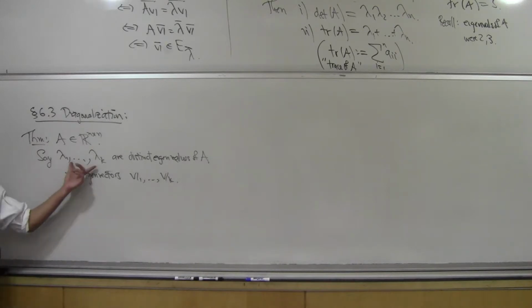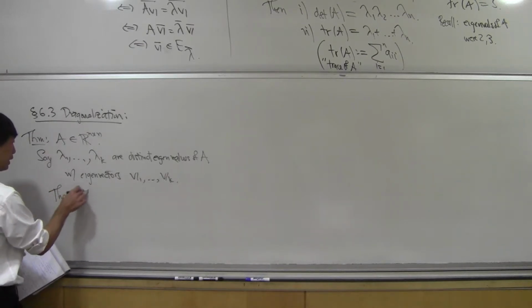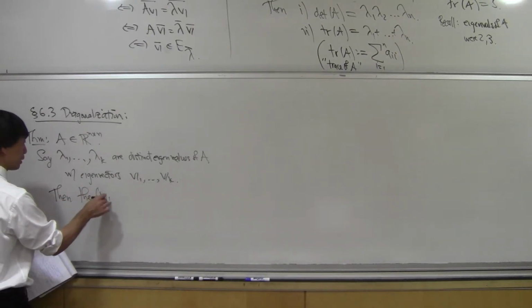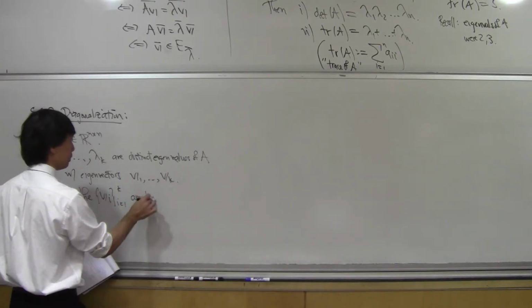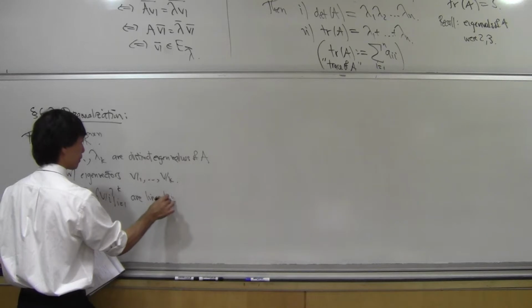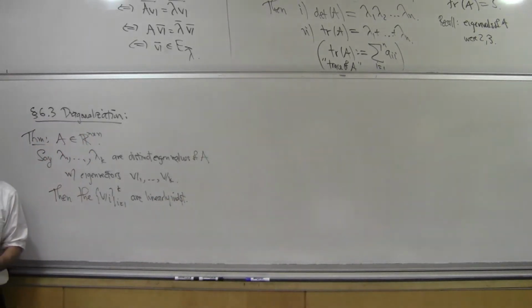None of these are the same. We've thrown out any duplicate, any repeated roots. Then the vi are linearly independent.